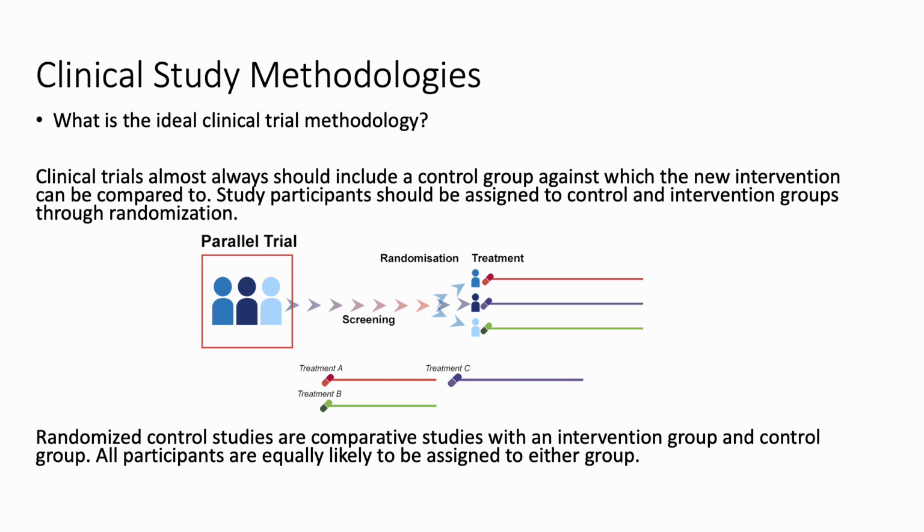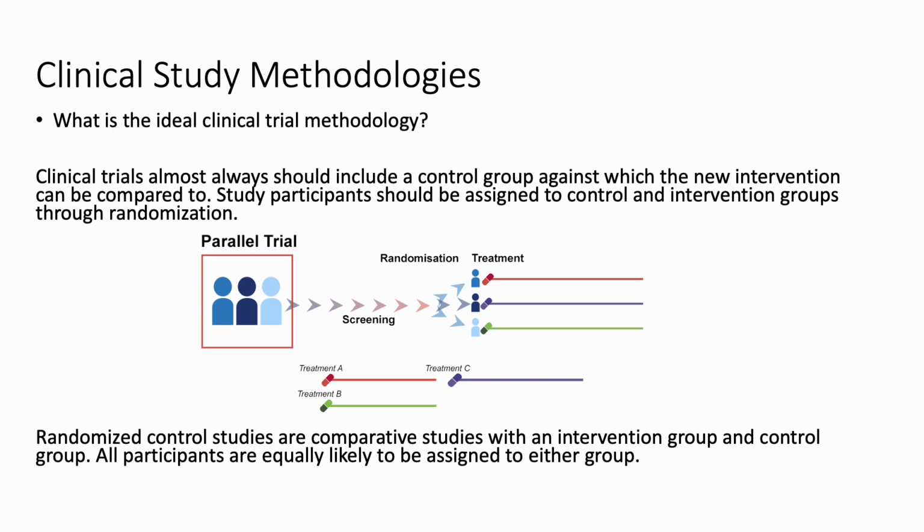So here, when we talk about trials, here we talk about parallel trials. It means that we are going to have patients in dark blue and in light blue. Each group is going to continue with the same treatment. This is the parallel groups.